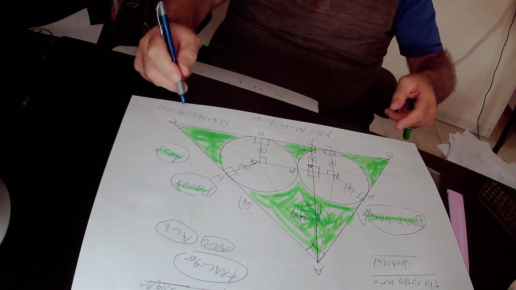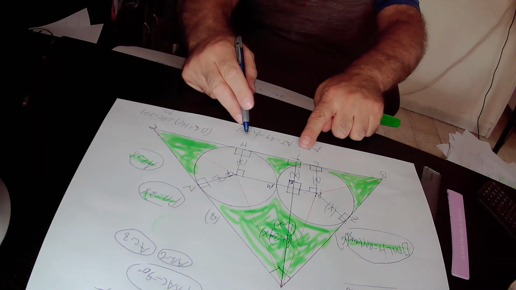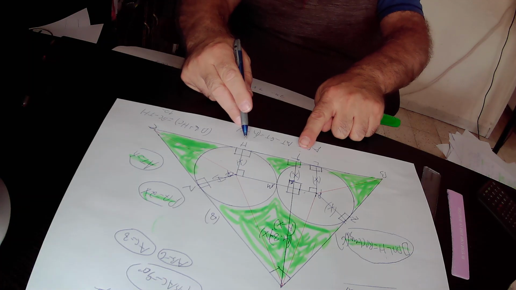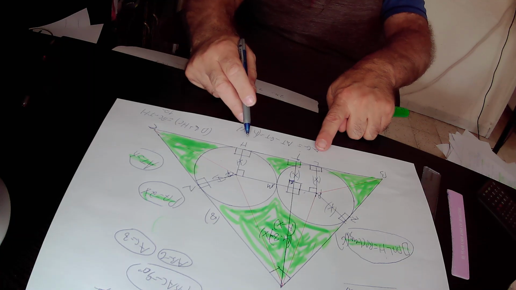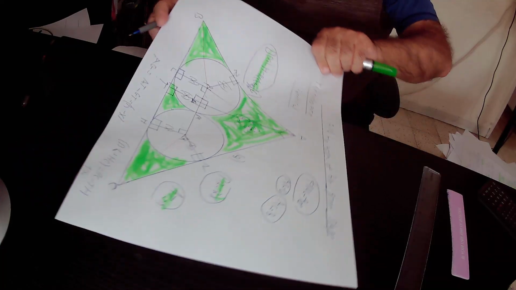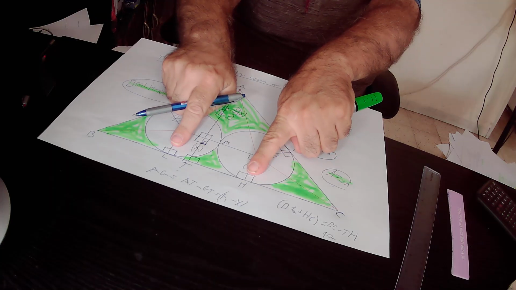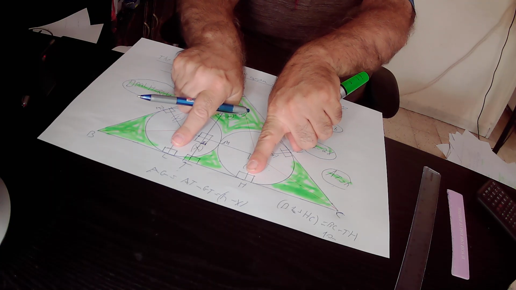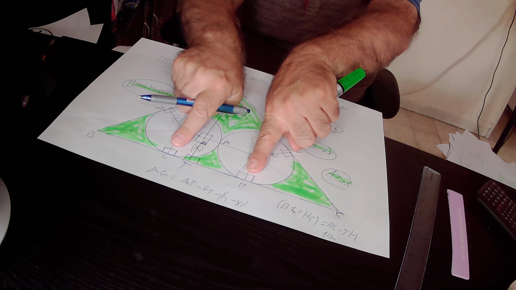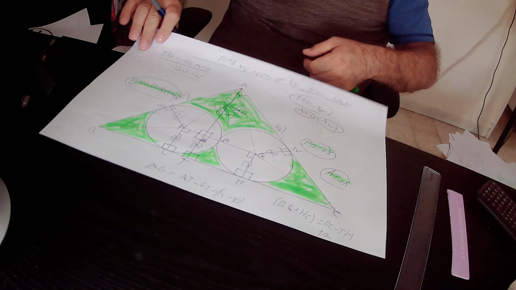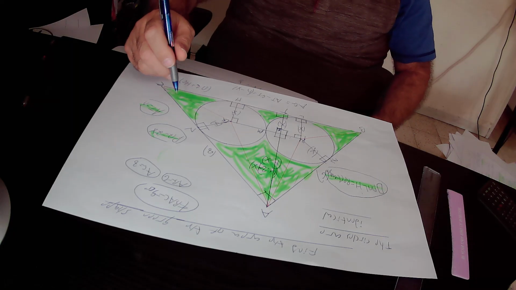BC is 10. Again, if you take from BC this part LH, what is left is BL plus HC. So it is BC minus LH.